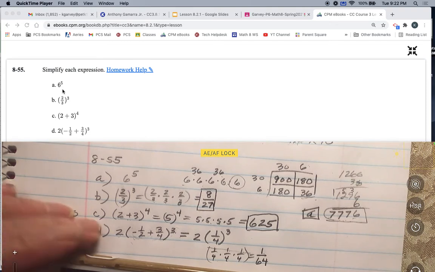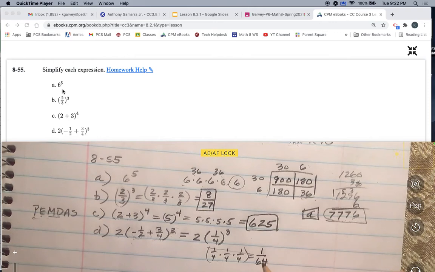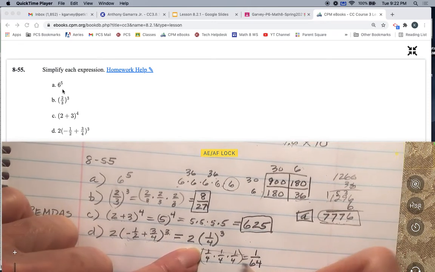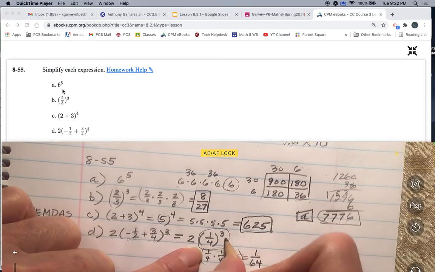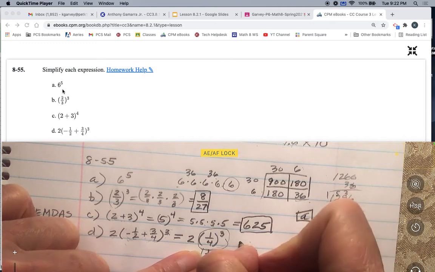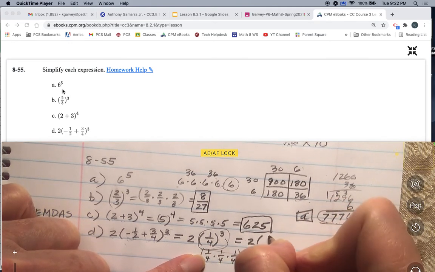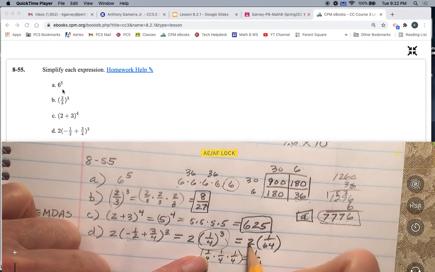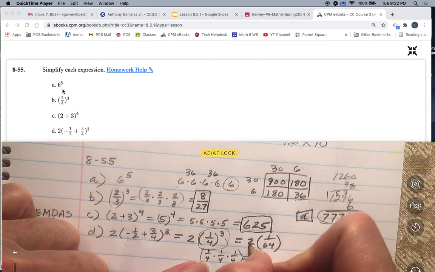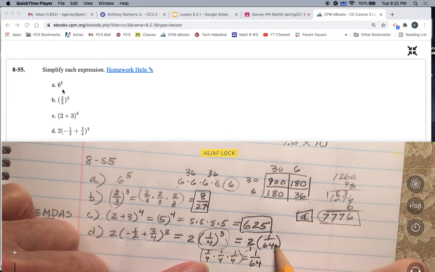That was 64, so that's correct. So inside the parentheses, this part is 1/64. And so now what we have is 2 times 1/64.